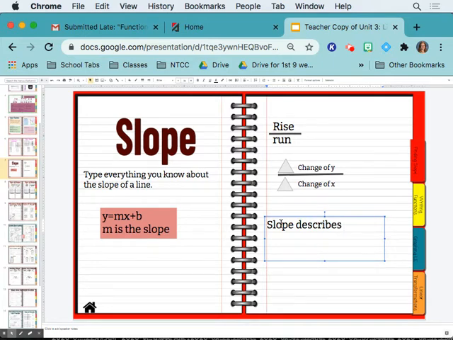Increase or decrease? If I think about a mountain, what is slope? There are different kinds of slopes. There's a flat slope and then a really inclined slope. What does slope describe? Let's say the steepness of a line.